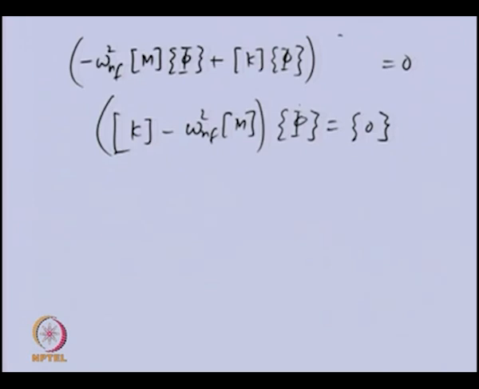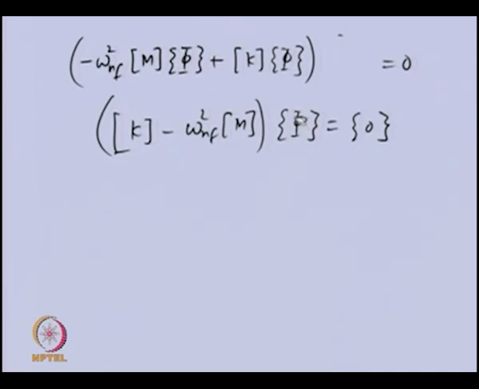So this is a typical homogeneous equation or eigenvalue problem. One of the solutions of this is that these particular displacements are 0. That means both the discs are having 0 displacement. So we are not interested in that, because basically we are talking about the system when the system is not vibrating.